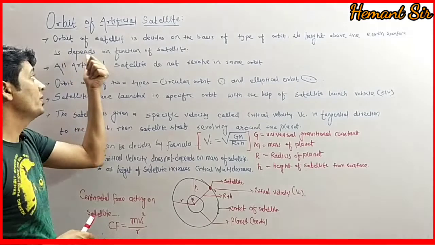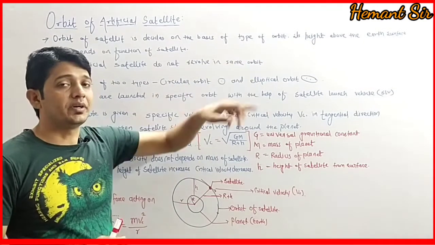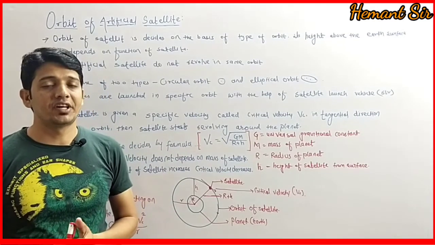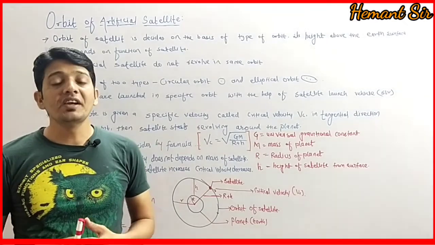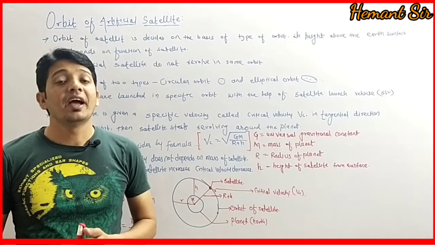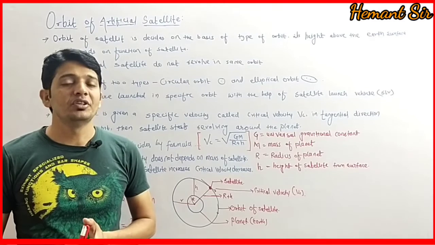The orbit of the satellite is decided on the basis of the type of orbit. See, we are deciding the orbit for the artificial satellite, not the natural one. We are designing different types of satellites in our space research center, and these different types of satellites are meant to perform different functions.